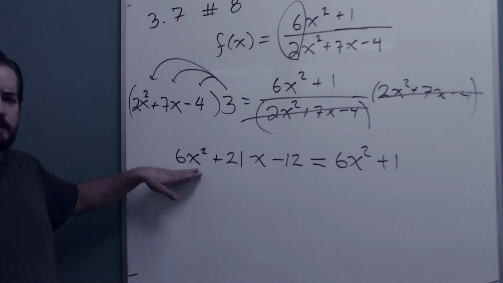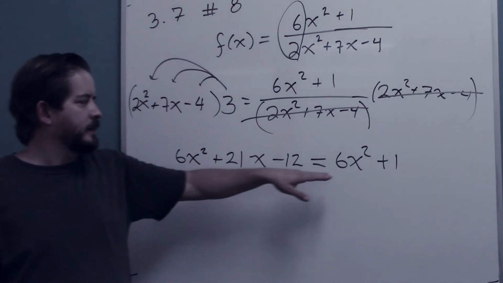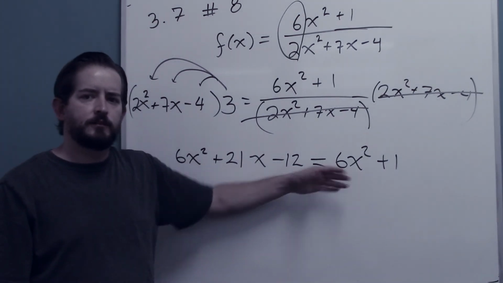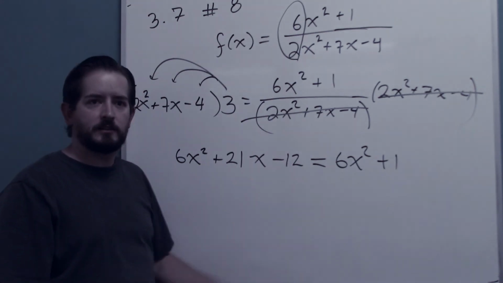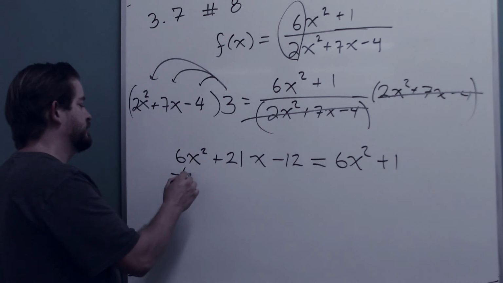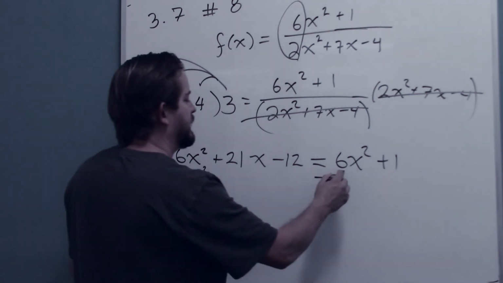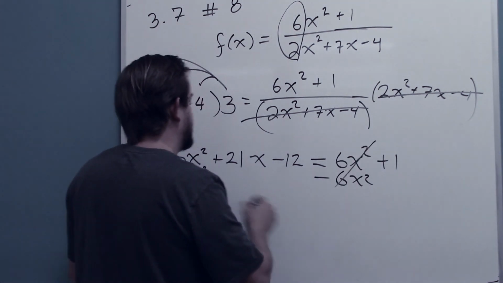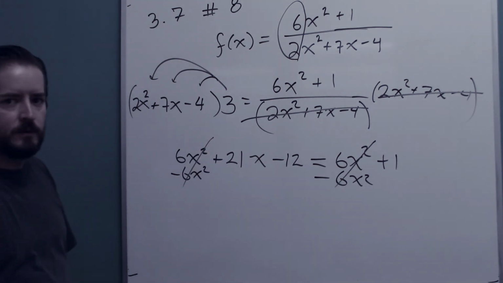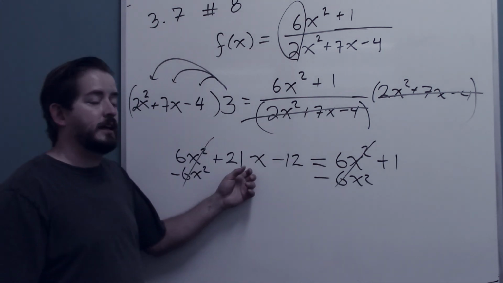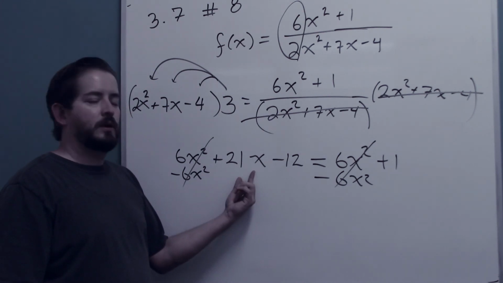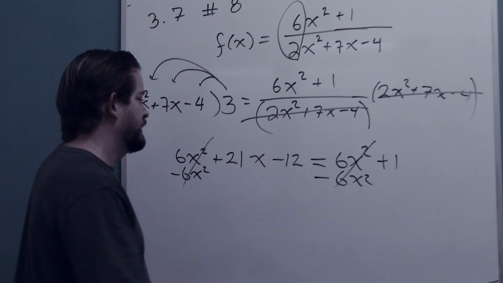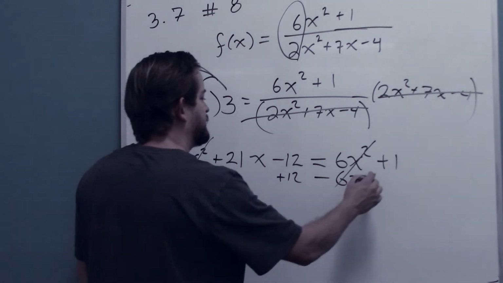But nice enough, this 6x squared and that 6x squared, if I try to move the x squareds to one side, I'm going to eliminate my x squareds, right? Subtract 6x squared from the left-hand side, subtract 6x squared from the right-hand side, and they're just gone. Which is nice because then it brings us down to a first degree. So all I really want to do is isolate this 21x on the left-hand side. So I will by adding 12 to both sides.